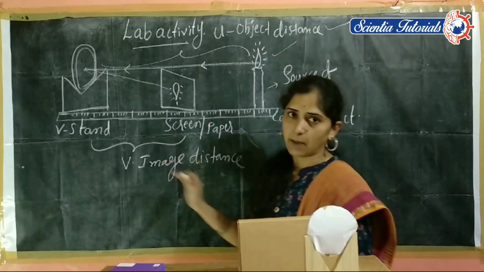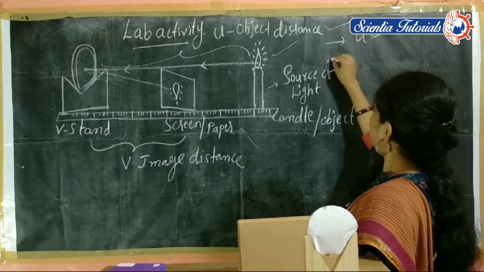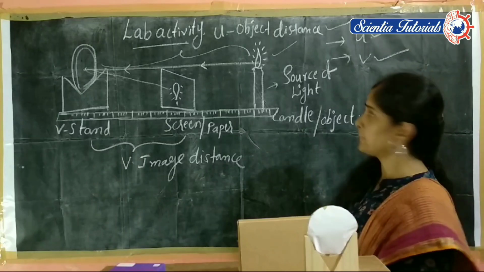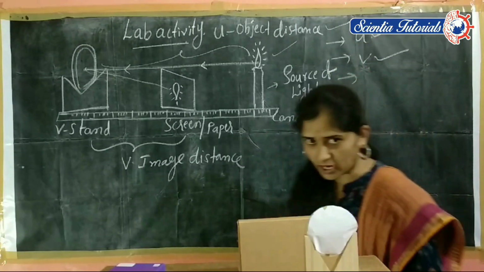So in this lab activity we observe the object distance U and the image distance V. Along with these, we already know the focal point of the concave mirror we have taken.